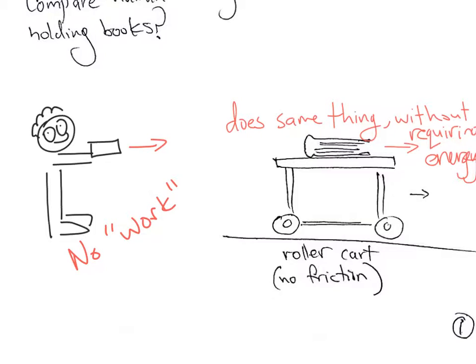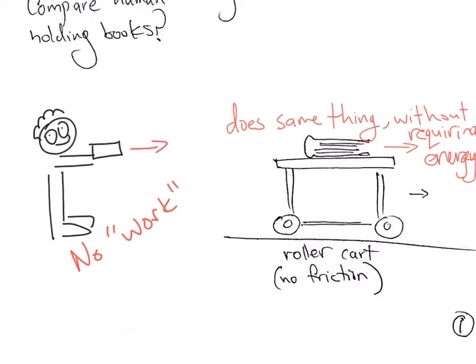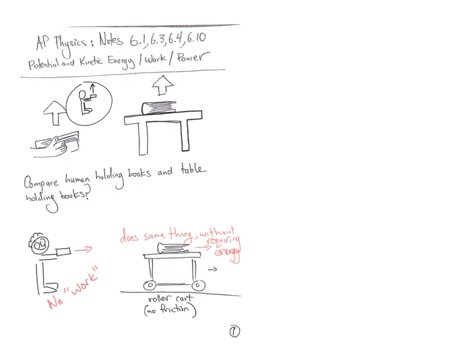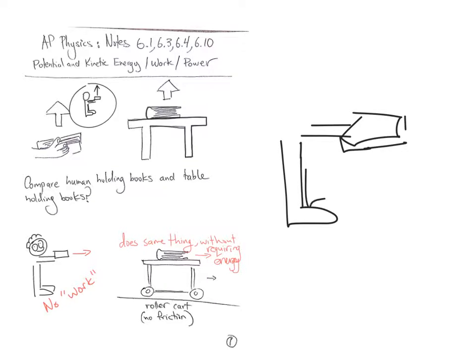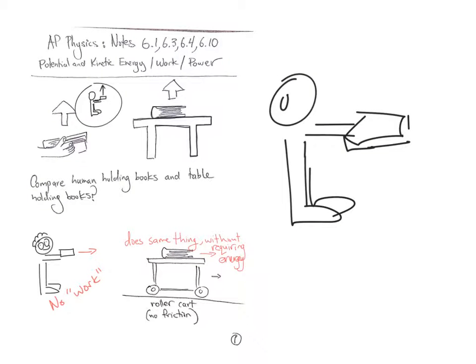So the question is, well, what does it actually mean to do work then? And we'll talk about that right here. So here's Joey, our textbook holder. If the person were to lift the book, so they're moving it through some distance and they're having to exert some force.